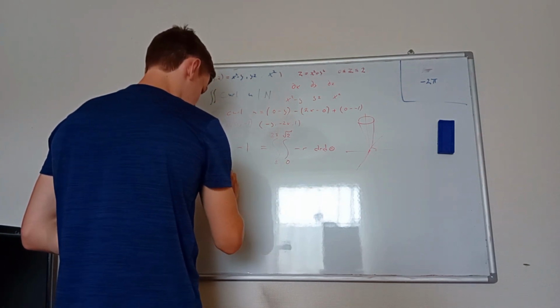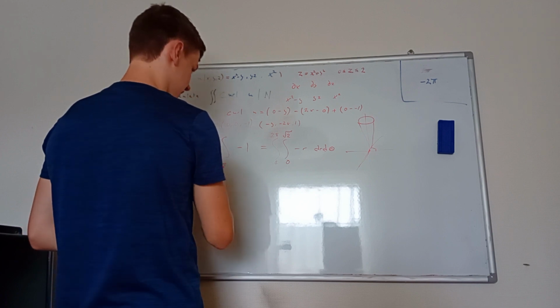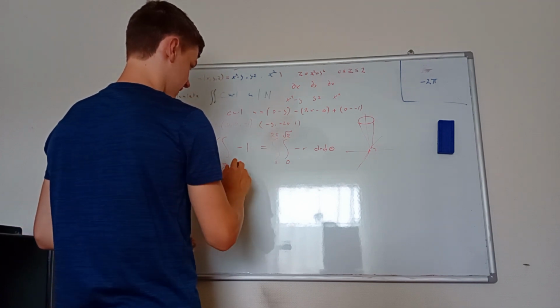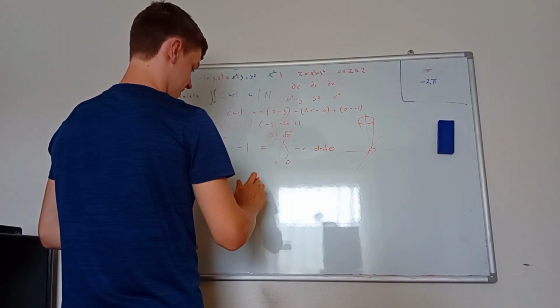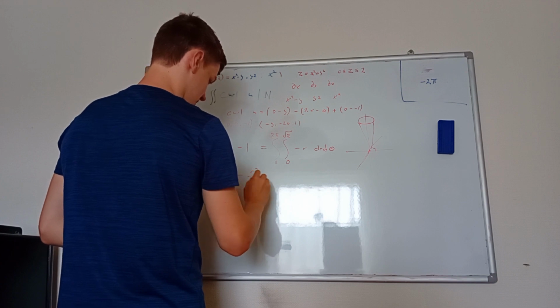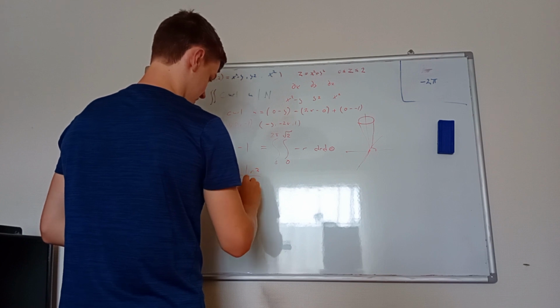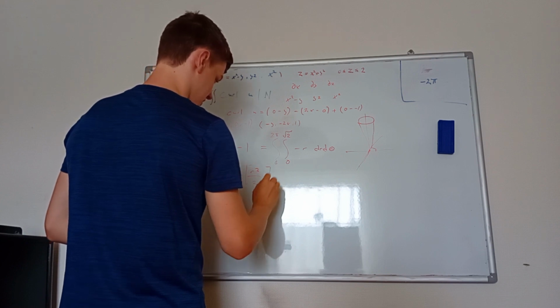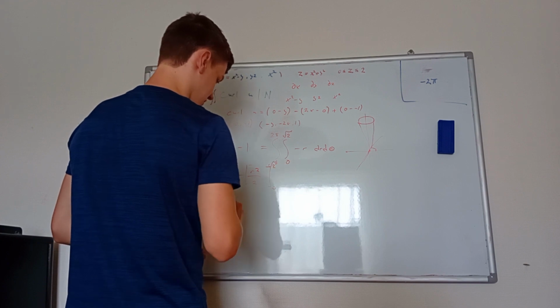We're going to have the outside integral left for theta, and we're going to have the integral of negative r. So that's going to be negative r squared over 2. And our borders were square root of 2 and 0.